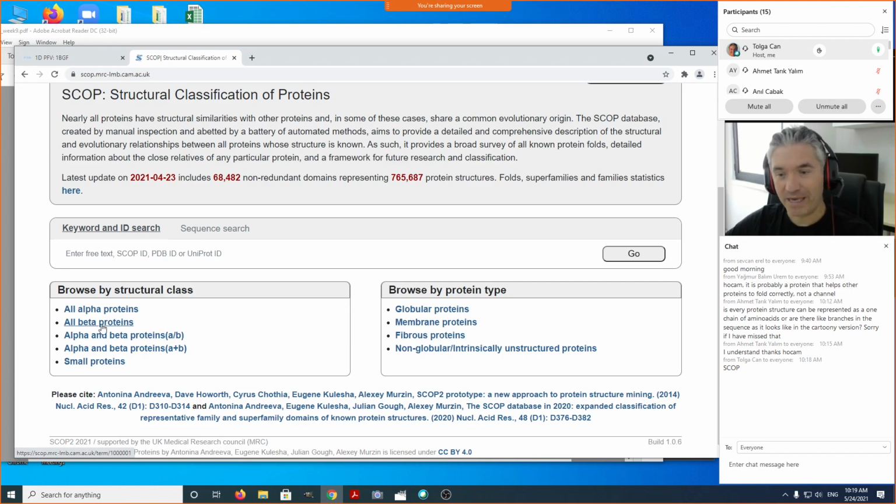The ion channels that we looked at, the nice small cylinder, was all beta, for example. Then there are alpha and beta proteins, and another kind of alpha and beta proteins, but this one is A slash B, A plus B.